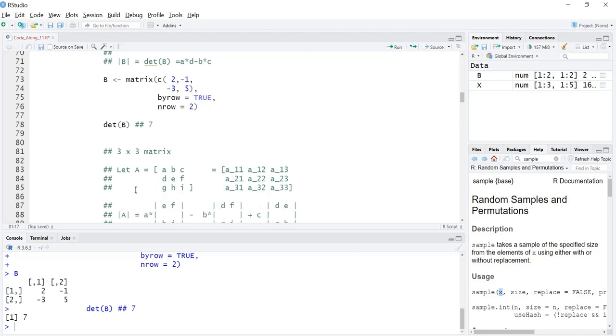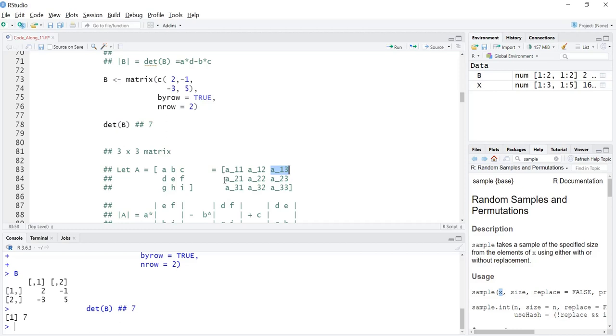Now, I've written matrix A two different ways: A, B, C, D, E, F, G, H, I, and then with subscripts. The underscore here means it's a subscript. For position 1, 1, the first number represents the row, the second the column. So this first element is A sub 1, 1, and then A sub 1, 2, and then A sub 1, 3, the third element of the first row.